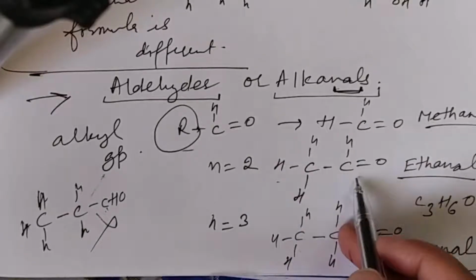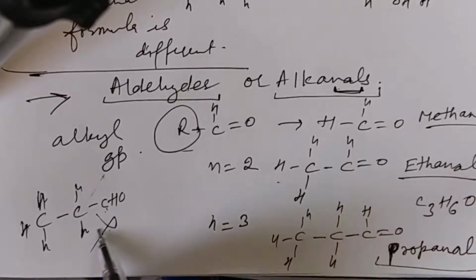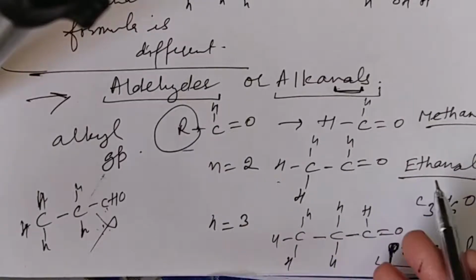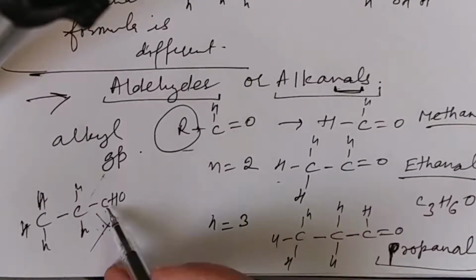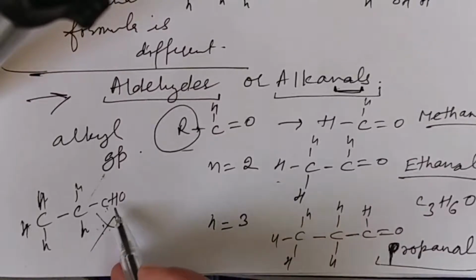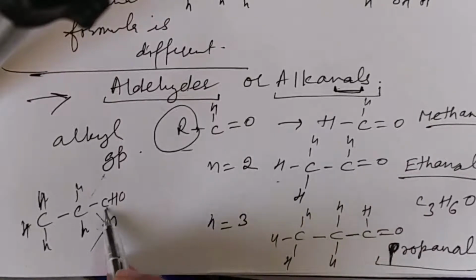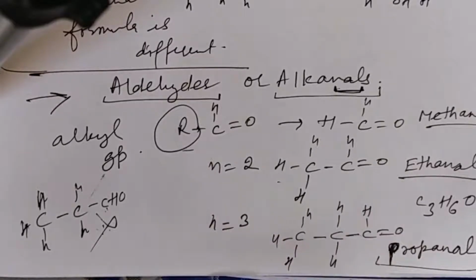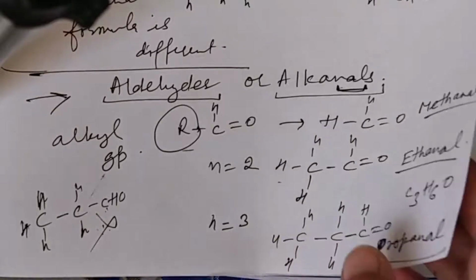Don't make this kind of mistake in which first you write 2 carbon atoms and then add CHO to it. No, you can't do it like this because the functional group starts from the carbon atom. They are included in the main chain itself. Okay. So this is the aldehyde family of functional group.